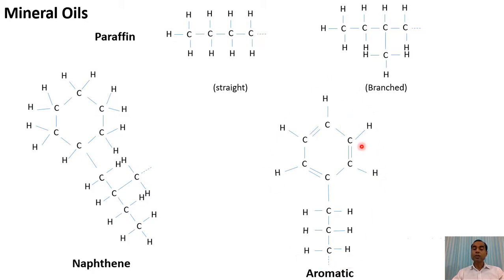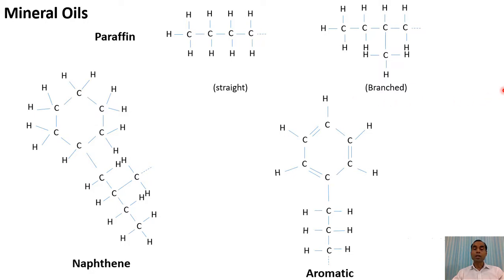But as we bring the purity in the mineral base oil, we reduce the aromatic component to nearly 0, along with the other impurities. So other impurities like sulfur, phosphorus, oxygen, and nitrogen, compounds of these atoms are also reduced as we make the mineral oil more and more refined.